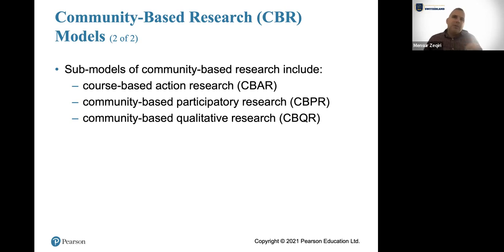And the last type of community-based research is the community-based qualitative research, and this builds on the traditional PAR research that we talked about earlier. And here we use mainly qualitative methodology to investigate and then address issues and problems that are found in particular community settings through this kind of research.